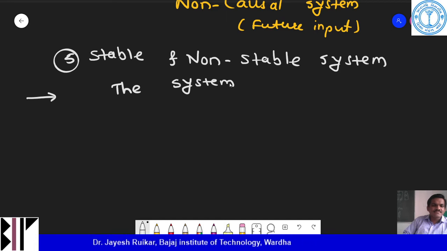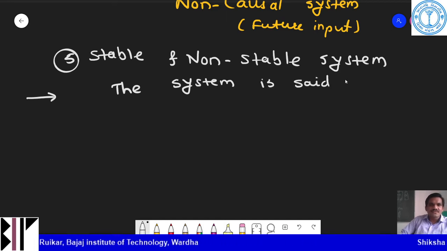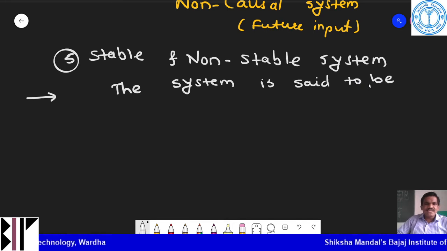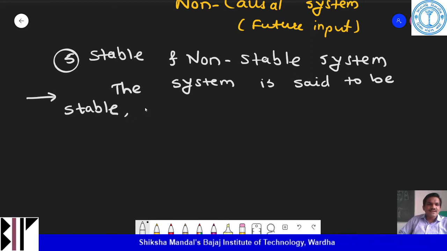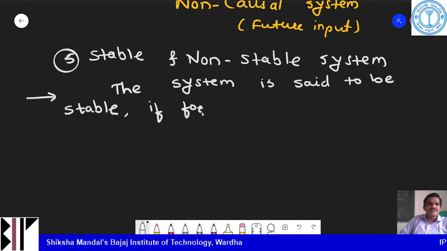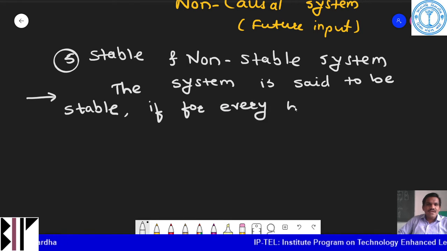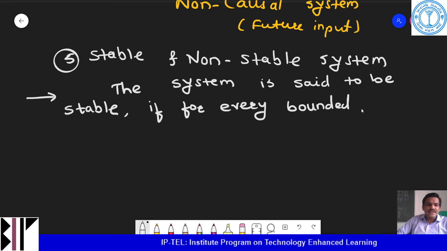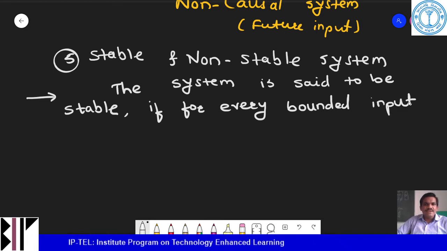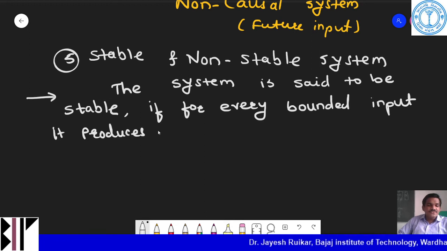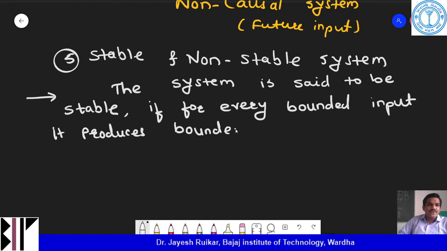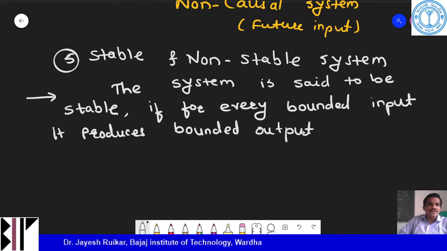The system is said to be stable, pay attention here, if for every bounded input it produces a bounded output.